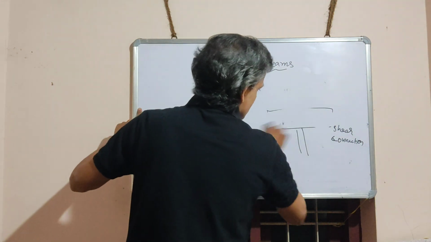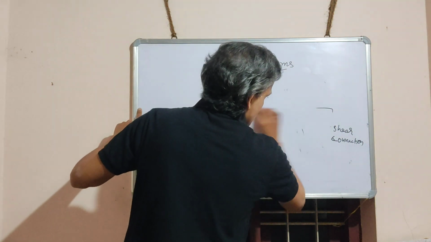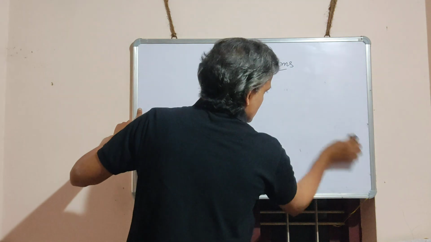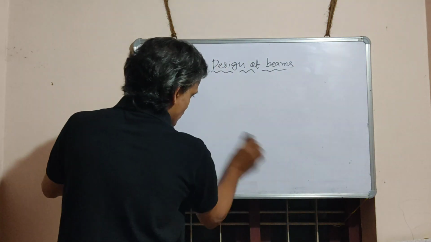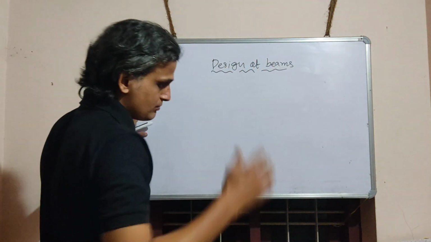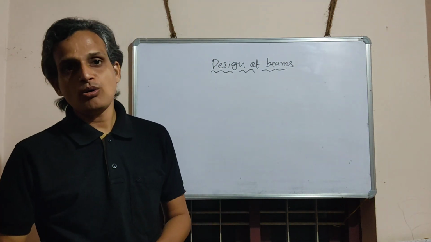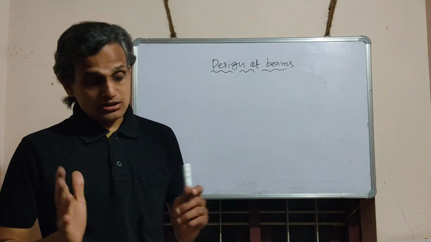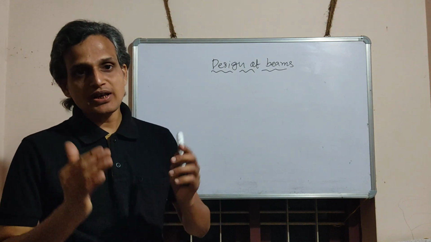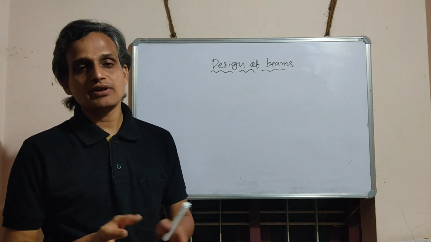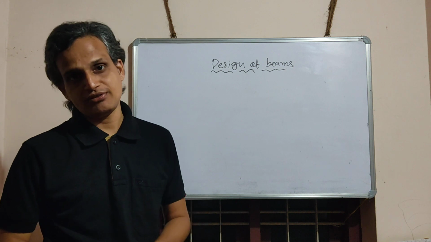Now, what are the design considerations of a steel beam, or what are the possible failure modes in the design of a steel beam? Once we understand these failure modes, we can easily design a section.